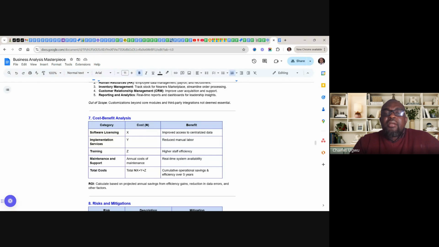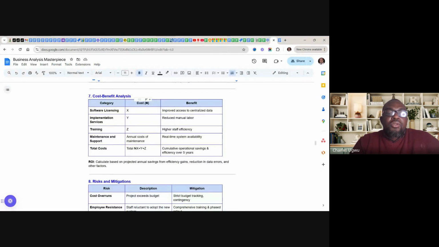And then the benefits we capture here are improved access to centralized data, reduced manual labor, higher staff efficiency, and real-time system availability. The total benefit is the cumulative operational savings plus efficiency over 5 years.